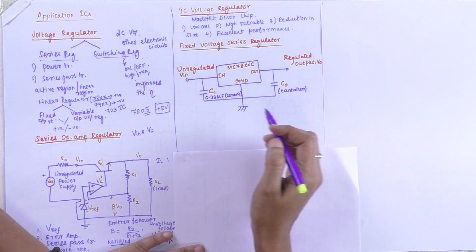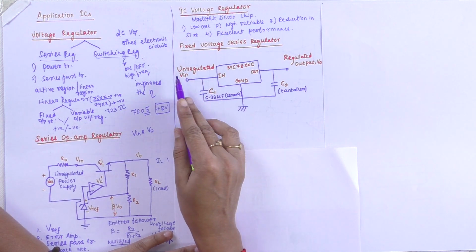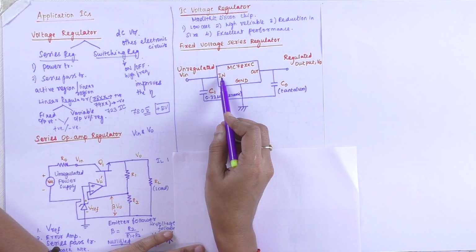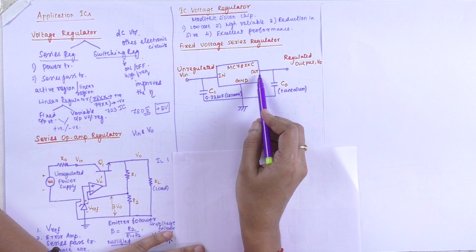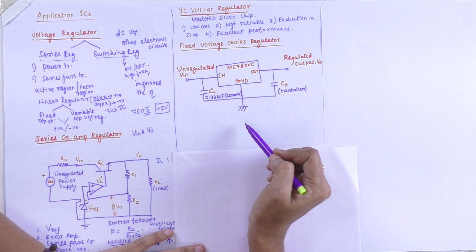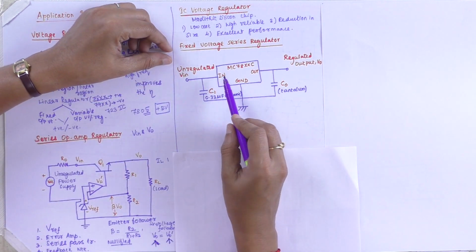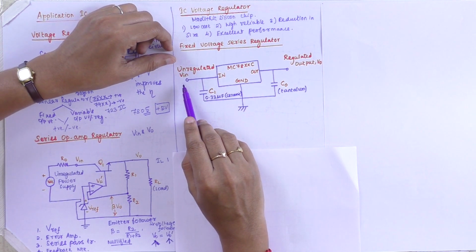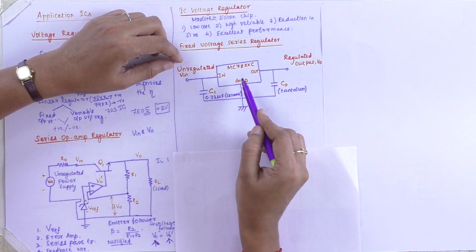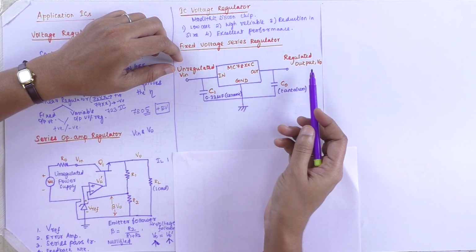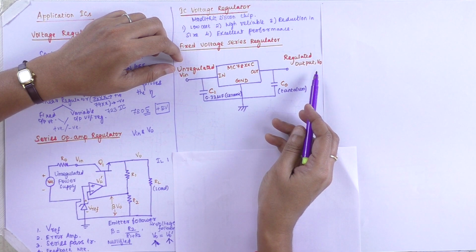Now we are going to see the fixed voltage series regulator. Here we have three terminals: one is the input terminal, another is the output terminal, and the other is the ground terminal. On the input side we give an unregulated supply Vin, and we should get a regulated output V naught.